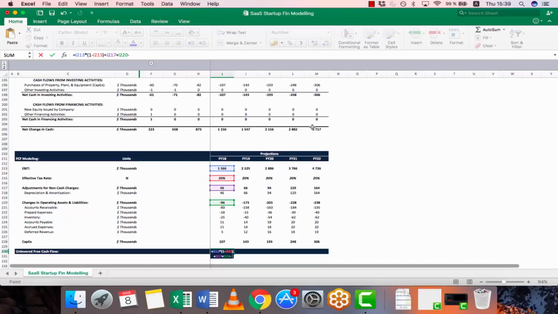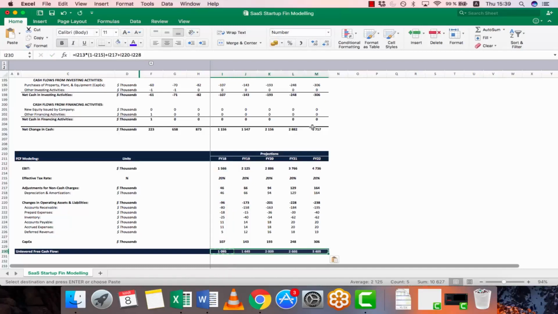We need to subtract that because it's the cash spent. So we can copy this across, and here we are. Our unlevered free cash flows calculated. So next we will be calculating our weighted average cost of capital to properly discount those cash flows.